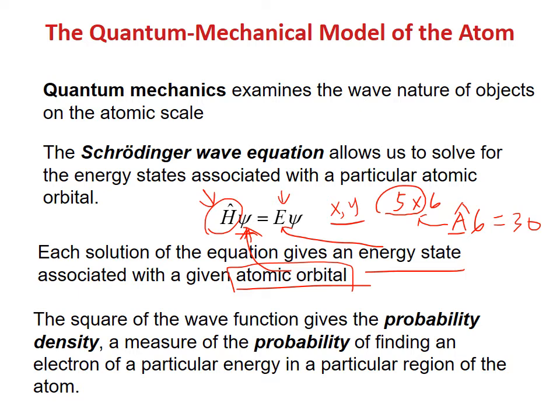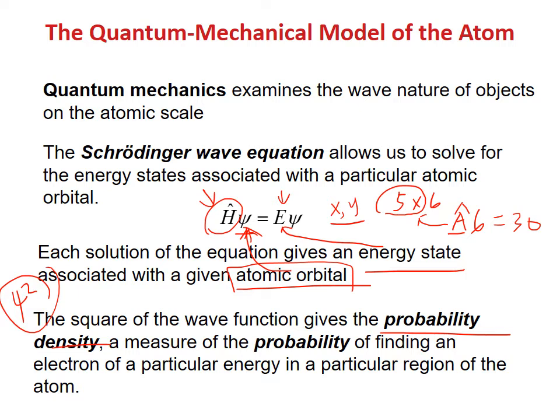But when you square it, you get psi squared. When you square this mathematical equation, you get the probability density. So squaring it gives a physical meaning. That's the probability density of the electron, which is a measure of the probability of finding an electron of a particular energy in a particular region of the atom.